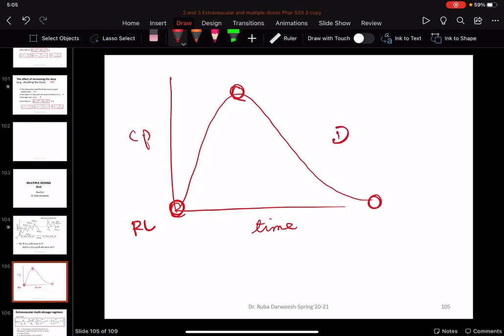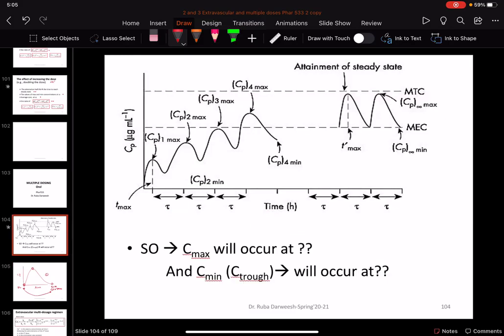In theory, at time infinity the concentration is equal to 0 again. So we start at 0 and end at 0 if we reach infinity.